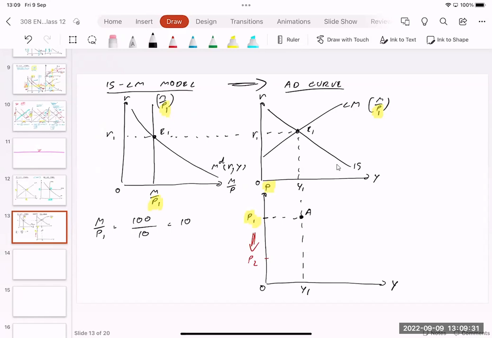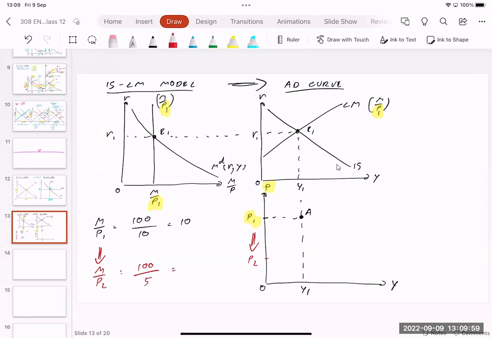Then if P becomes lower, for example M over P2, we still have the same nominal money supply. The amount of money in the economy is still the same, equal to 100 million baht. However, the price of the product becomes cheaper, from 10 baht to 5.